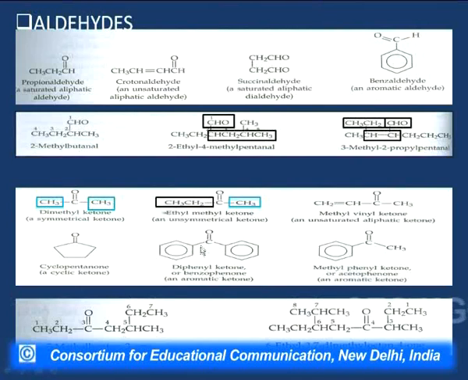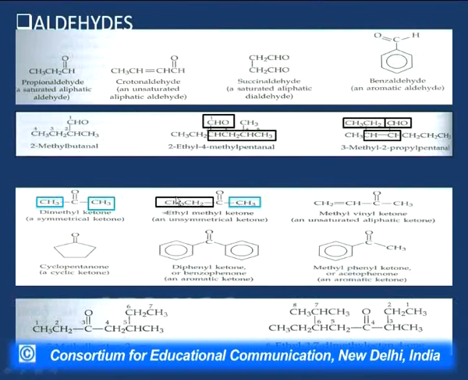Now, if we talk of ketones, like ethers they can be symmetrical. That is, if we look at example number 1, the 2 alkyl groups on either side of the carbonyl group are the same. Right. So this is an example of a symmetrical ether. If I talk of the next example, the 2 alkyl groups are different. This is an ethyl group and the next one is a methyl group.